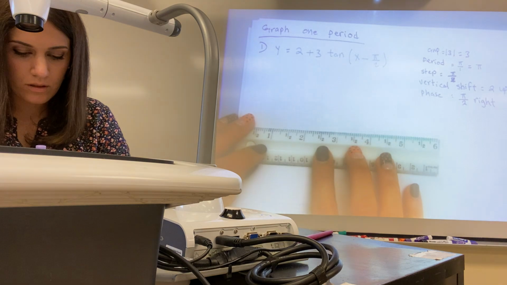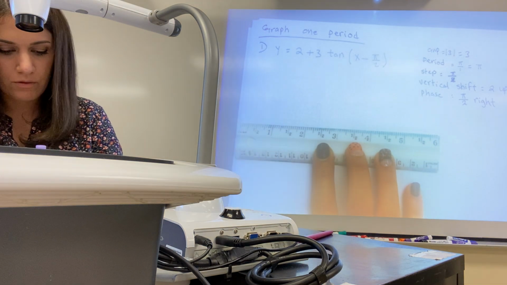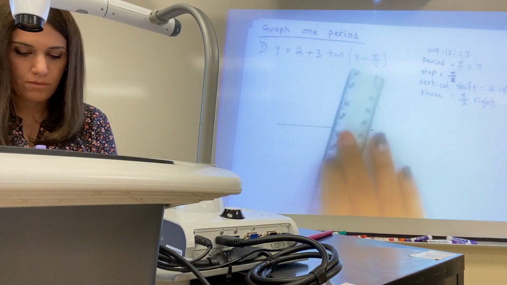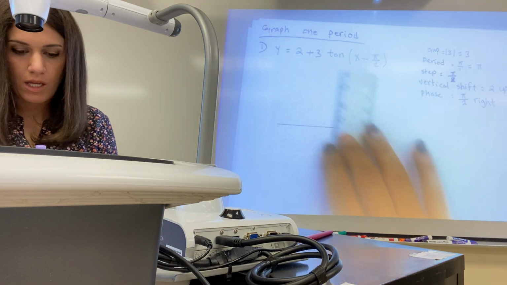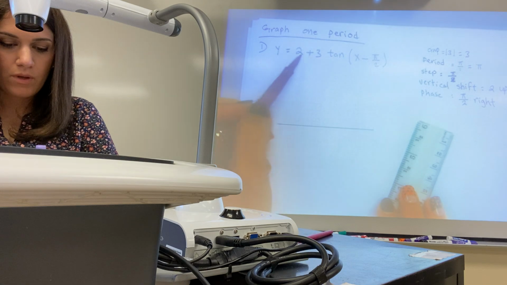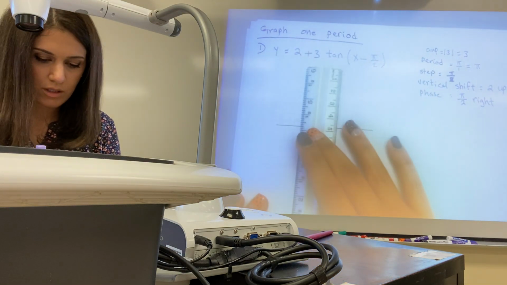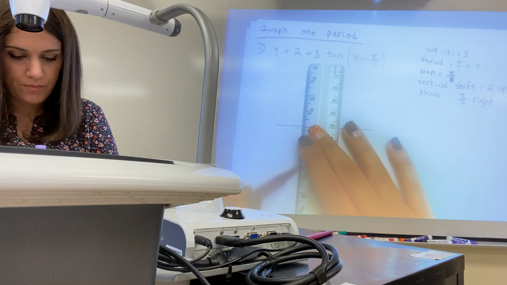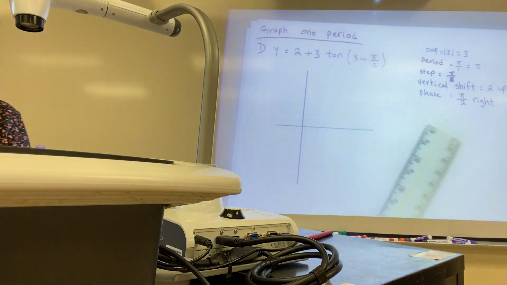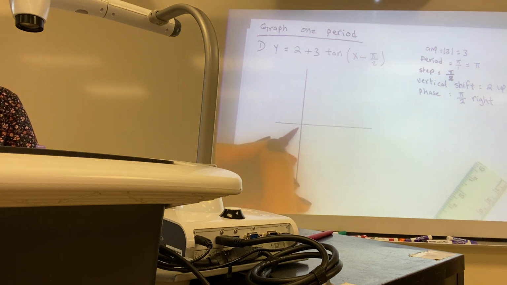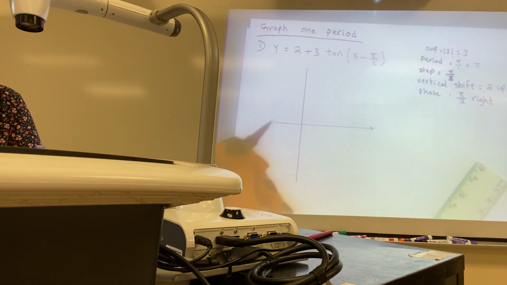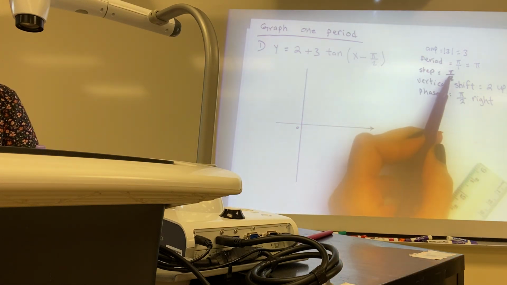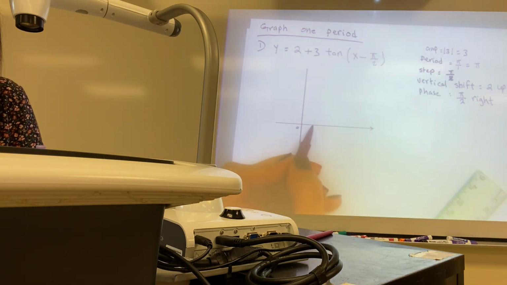To graph it, we have x and y. And I know the graph will be shifted up and to the right, so I'll give myself some room here. Okay. So the x values will be 0. Then we have pi over 2, that's one step.